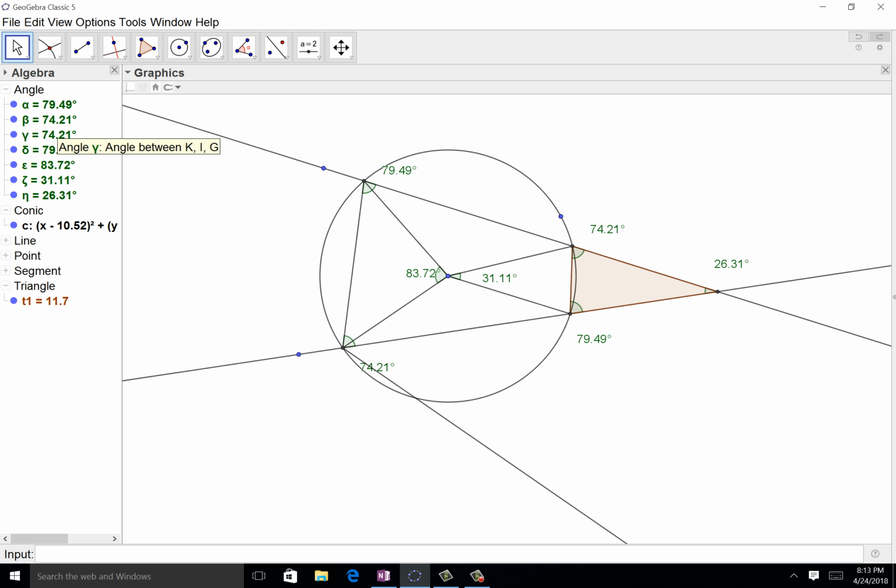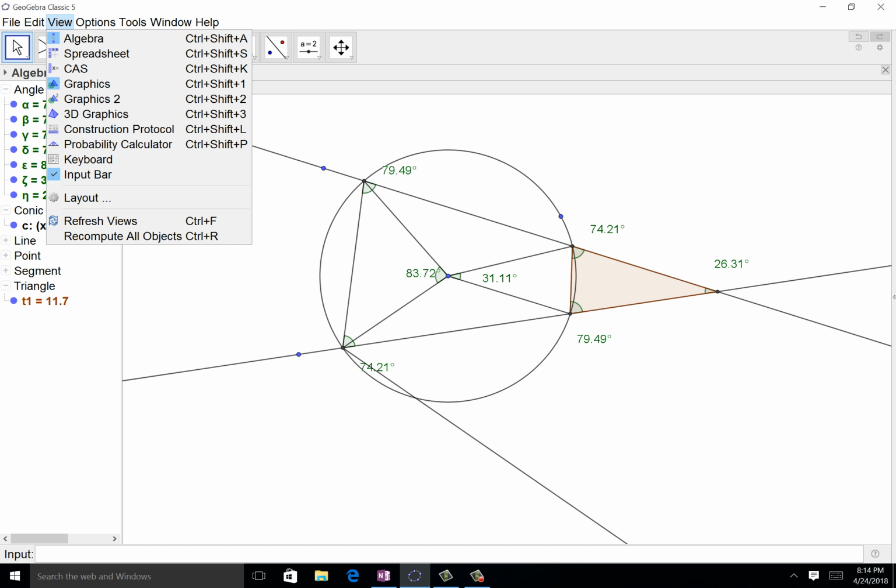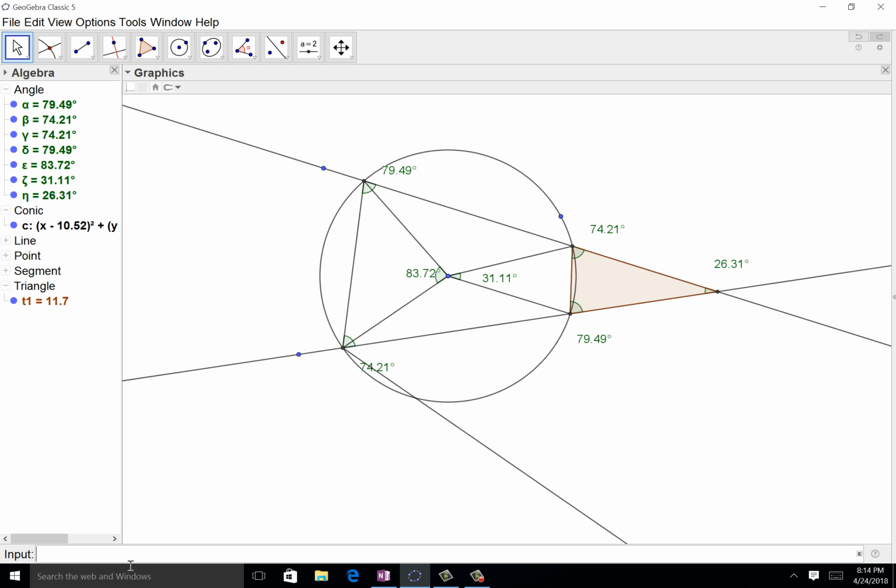Okay, so down here on the bottom, I have an input bar. If you don't have an input bar, you can go to View and Input Bar and check it, and it'll show up. I want that input bar because I need it. In yours, the commands for all these things would be over on the top right.